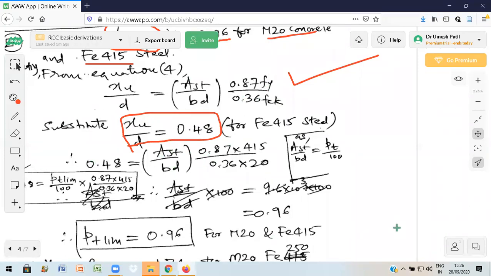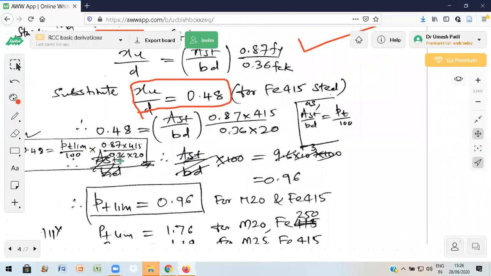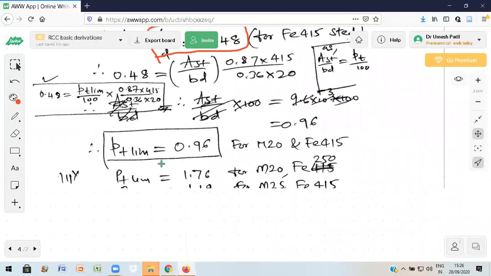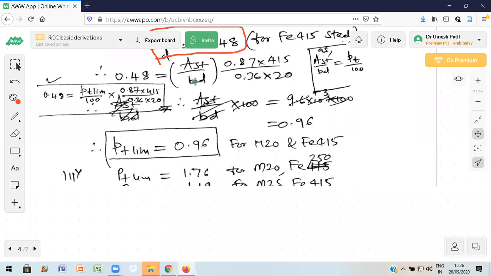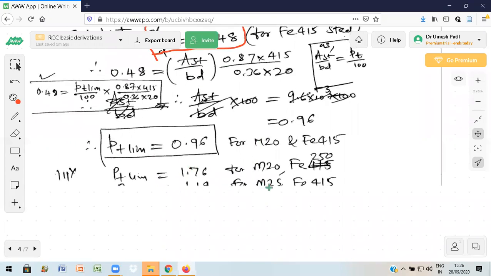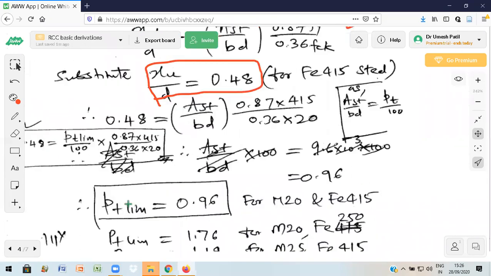Try this one later on. So you will get pt limit equal to 0.96. So what is pt? Ast by bd into 100. So you are going to get pt limit as 0.96.